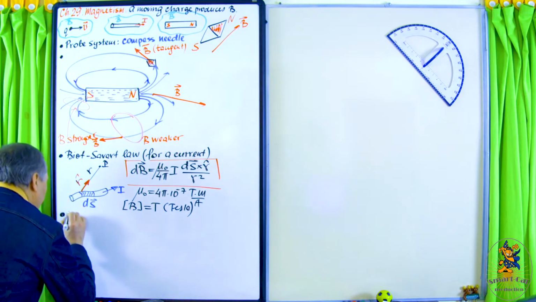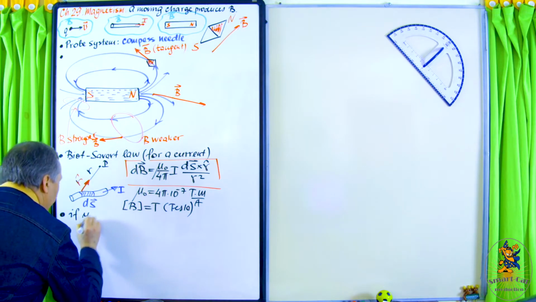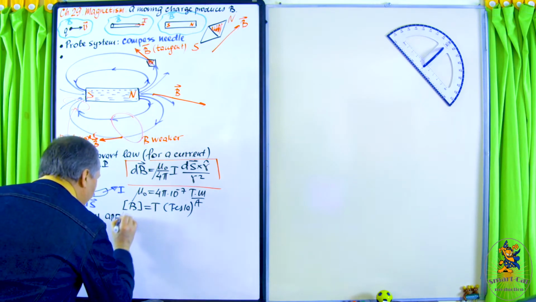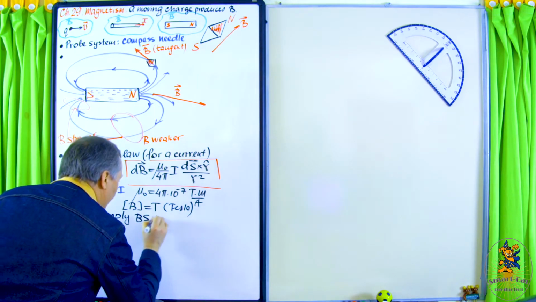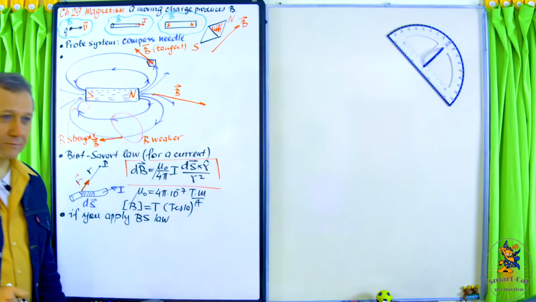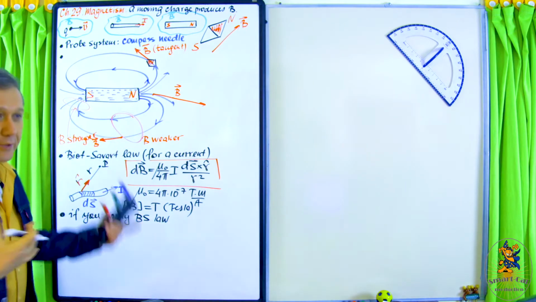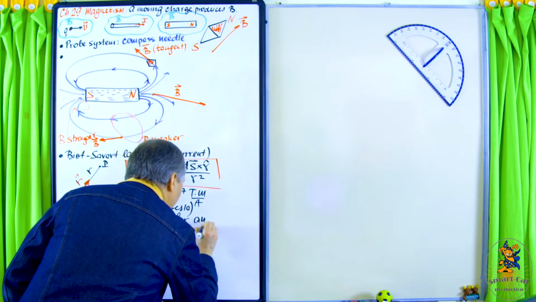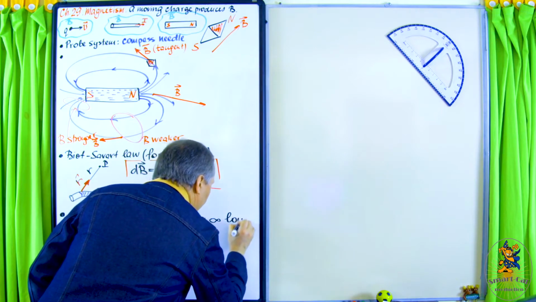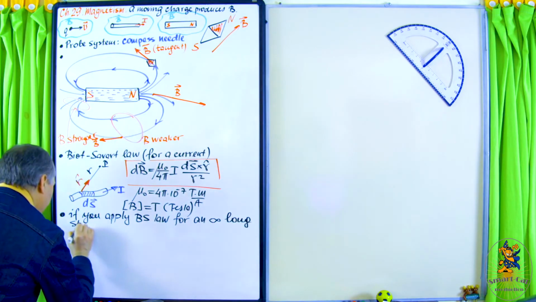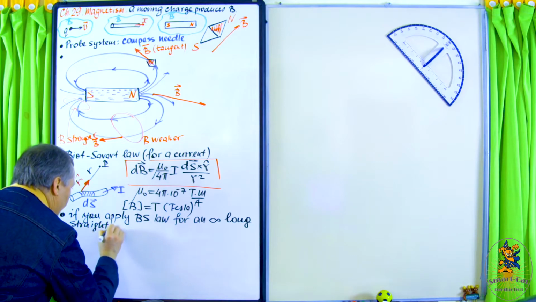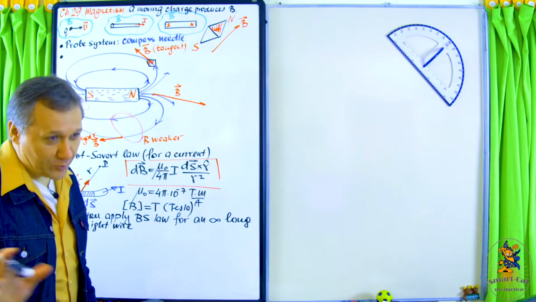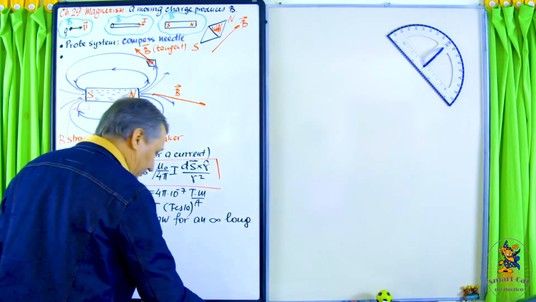So now let me write, if you apply the Biot-Savart law for an infinitely long straight wire, then you will get, okay, probably let me first draw the system, draw the wire, and then I will write the expression.